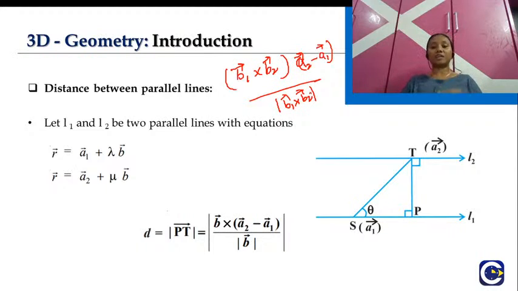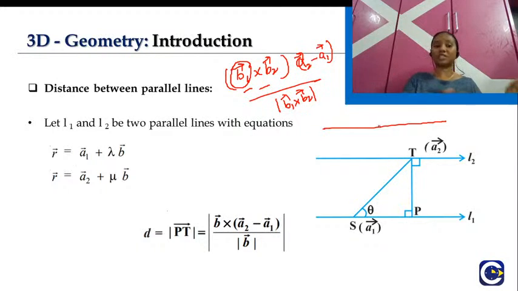Whereas parallel lines are parallel to each other, which means there is no need to take two vectors. Instead of B1 and B2, only one B vector is enough, because both the lines L1 and L2 are parallel to each other. If we take the vector B, that will obviously be parallel to both the lines. But that's not the same in skew lines, because skew lines are neither parallel nor intersecting.